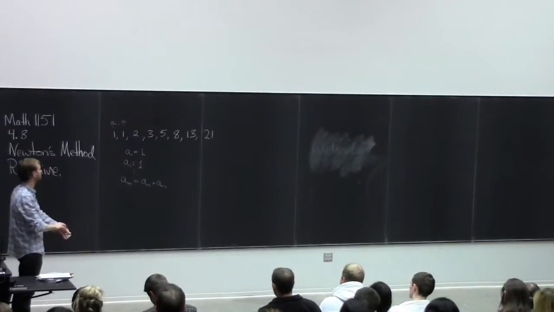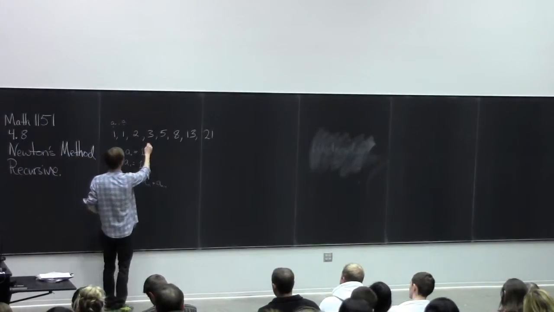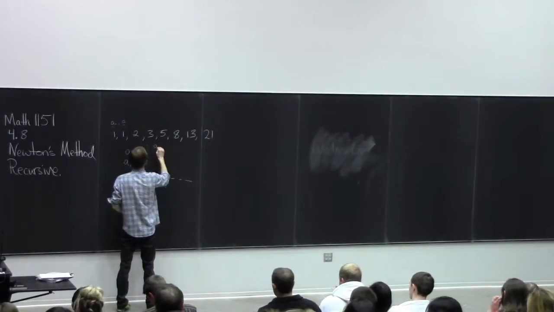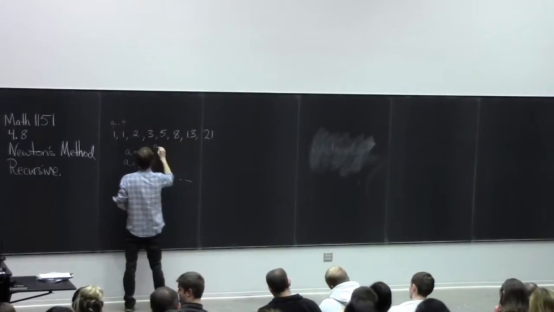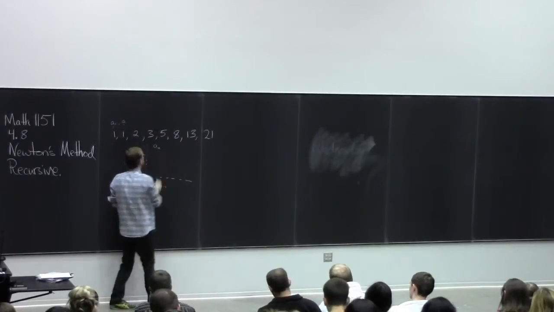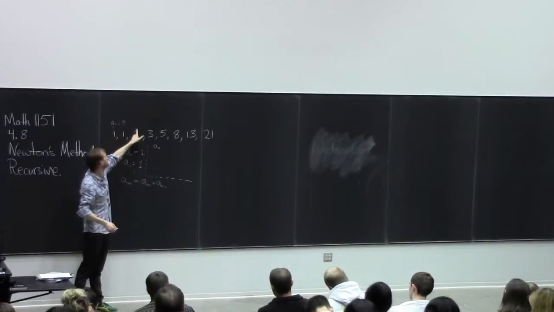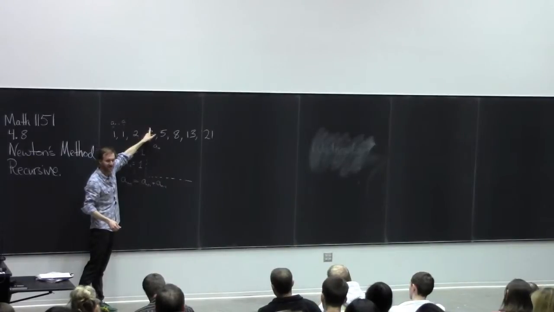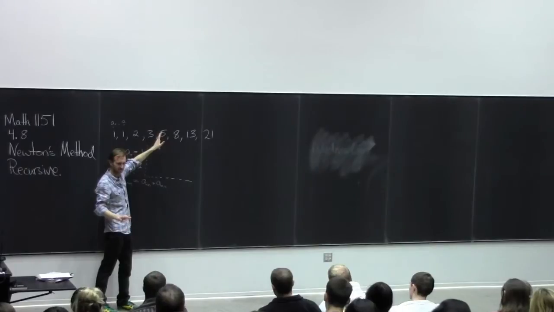So let's just do one more example of this just to make sure that it makes sense. All right? And so look at this. If I wanted to know 1, 2, 3, 4, 5, 6, 7, 8, I don't know. Let's just try it. If I wanted to know A10, so this is A naught, this is A1, this is A2, this is, well, that's interesting, A3, A4, right? Are we okay?